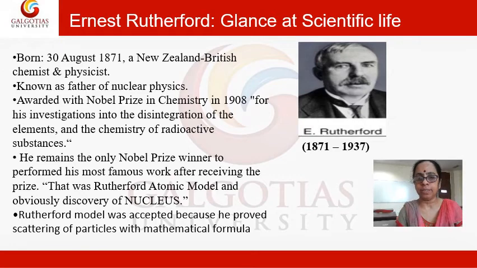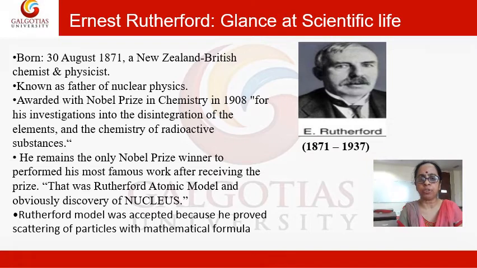Now we will see the Rutherford's experiment. First we will see the scientific life of Rutherford. He was born on 30th August 1871 in New Zealand, a British chemist and physicist. He is known as the father of nuclear physics, awarded the Nobel Prize in Chemistry in 1908 for his investigations into the disintegrations of elements and the chemistry of radioactive substances.